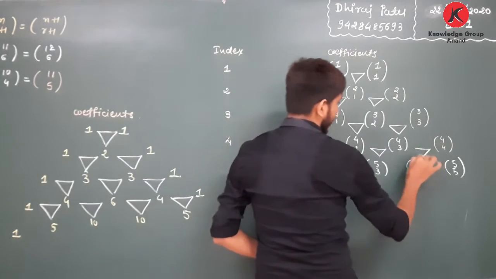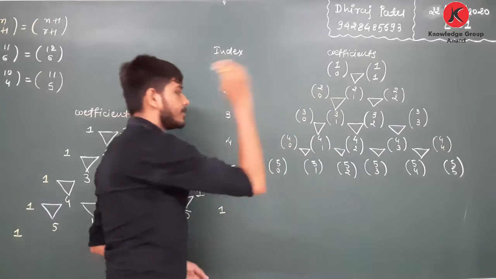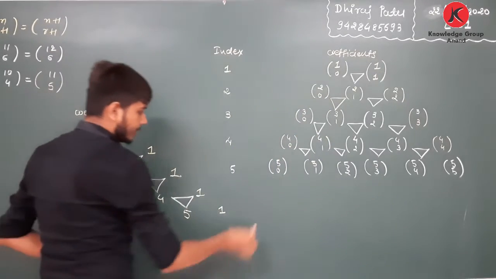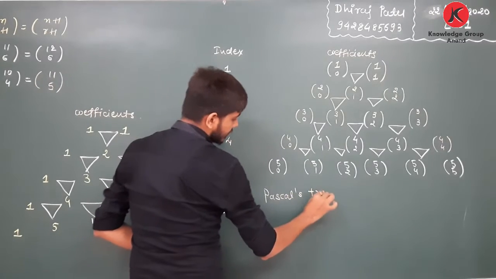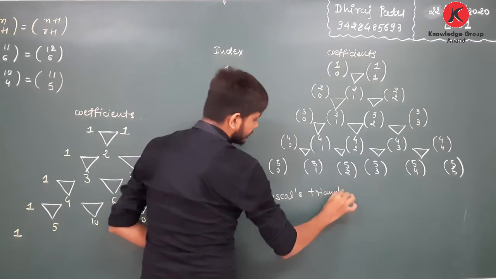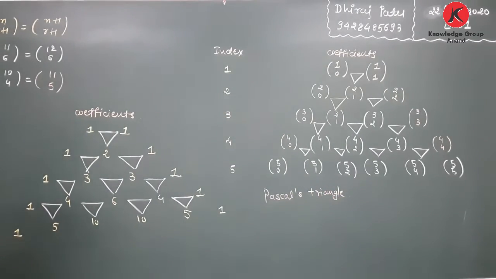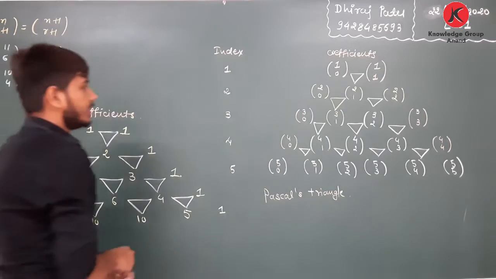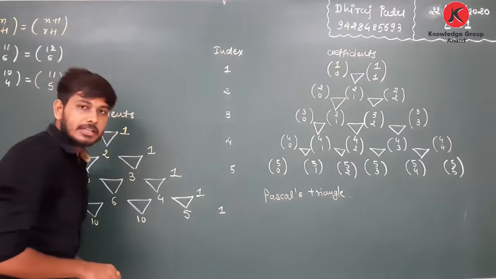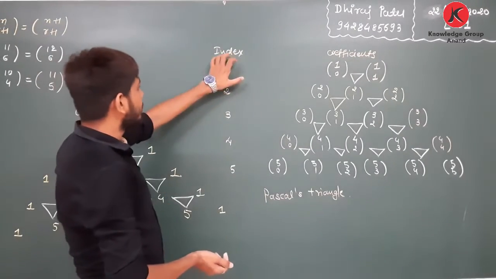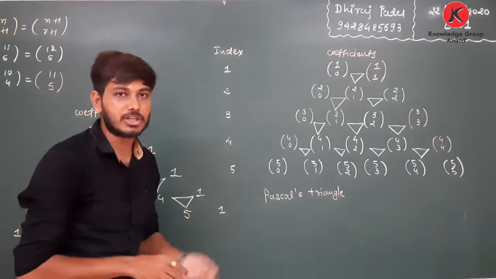Okay, this triangle is known as Pascal's triangle. Clear? So by use of Pascal's triangle we can calculate the coefficient of any term, any power of a plus b raised to n.